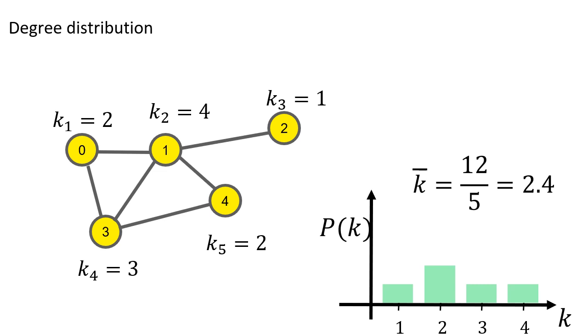For example, degree 1 appears in this network only once. So you can define pk for k equal to 1: you have a total number of nodes of 5 and it appears only once, so it is 1 over 5. Here I indicate pk in this histogram.